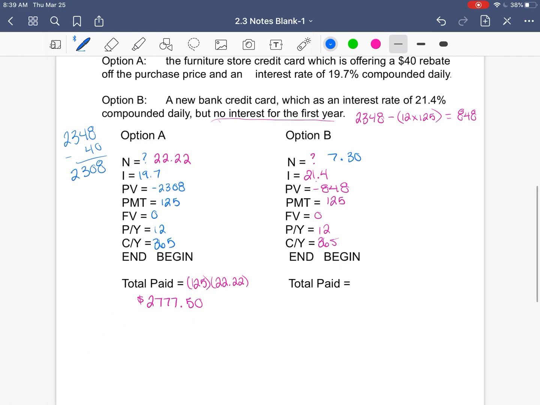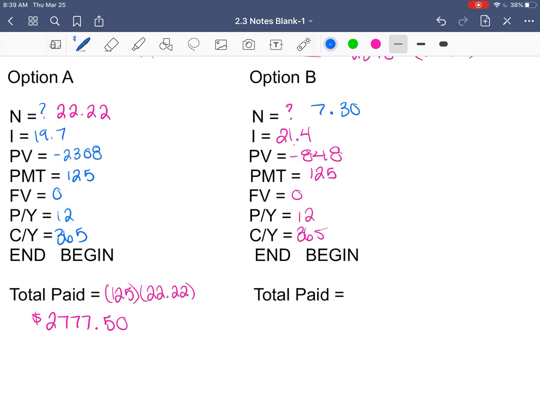7.30. So our total paid, well, in that first year, he paid 12 times his 125, plus now he's paying the 125 for 7.30 months.